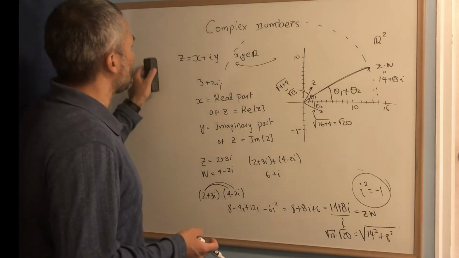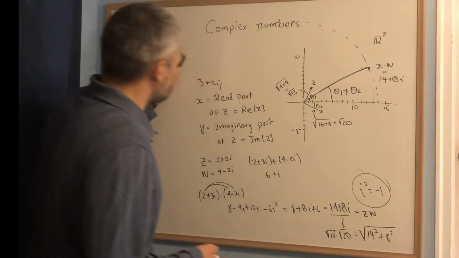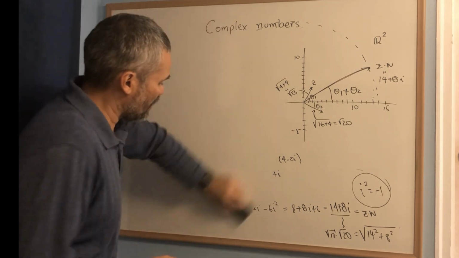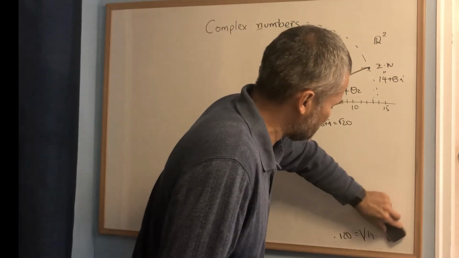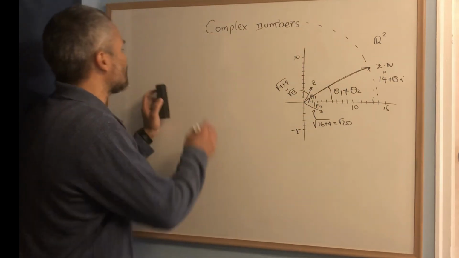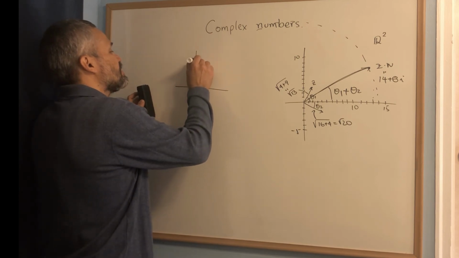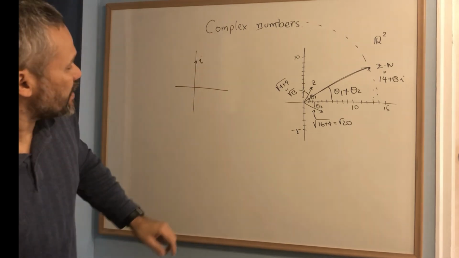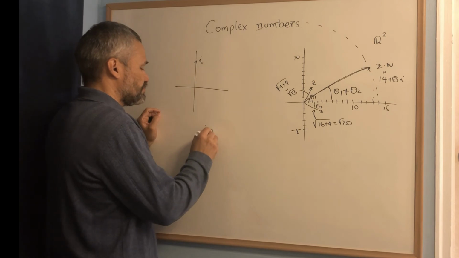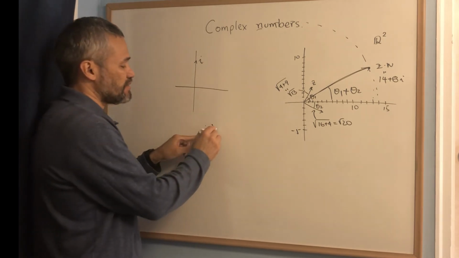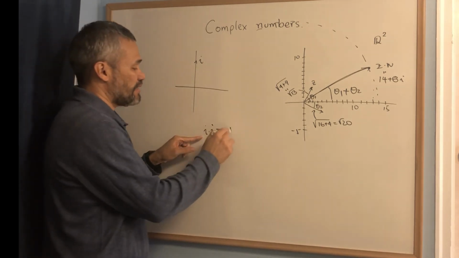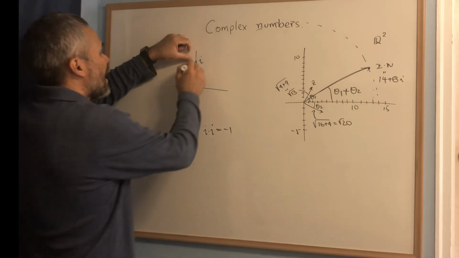Okay, we have that. Let's just practice this interpretation. What happens if I have this i? What is i times i? i times i is negative 1. But why is that?